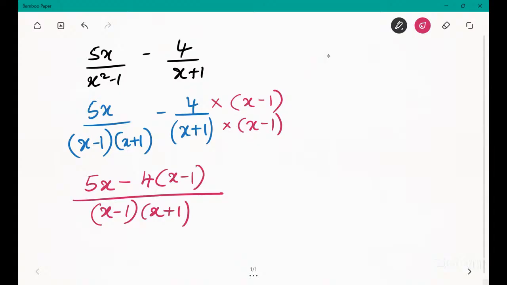The moment you have a common denominator, you can put all the numerator terms in one fraction. So then I will expand this.